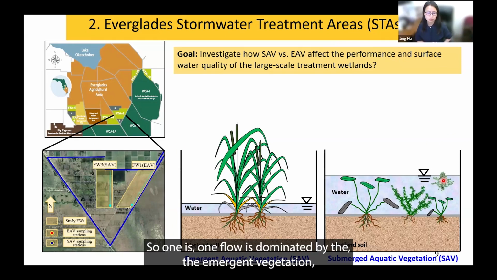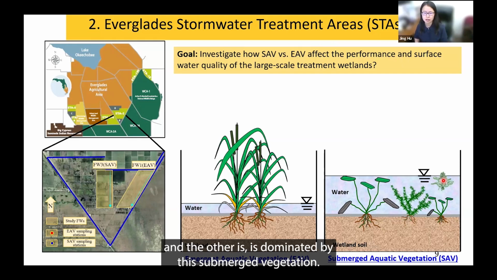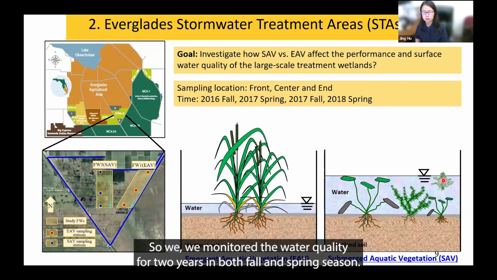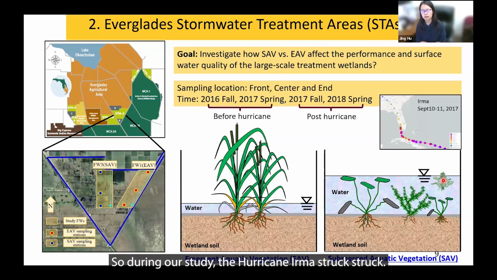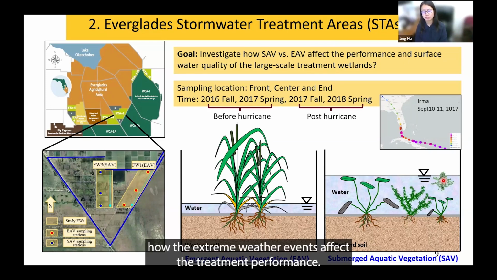One flowway is dominated by emergent vegetation, and the other by submerged vegetation. We monitored for 2 years in both fall and spring seasons. During our study, Hurricane Irma struck. That provides us a unique opportunity to also see how an extreme weather event affects the treatment performance.